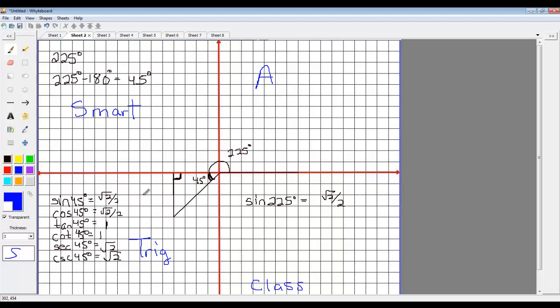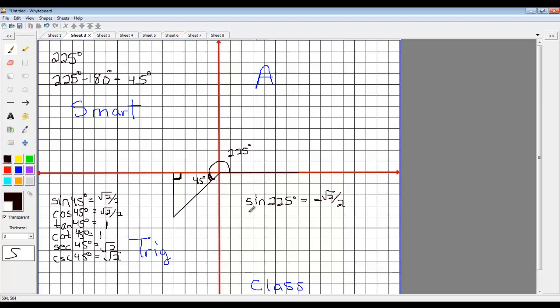According to our saying, in quadrant 3 here, T for trig is telling us that tangent and cotangent are the only positives. Everything else is negative. So we can go ahead and say, well, this has to be negative then, according to what quadrant this reference angle is in, this reference triangle.